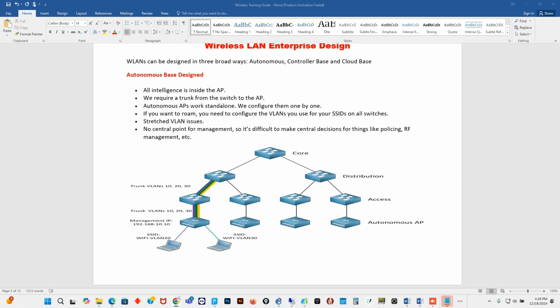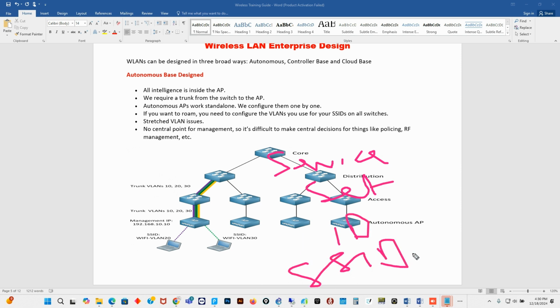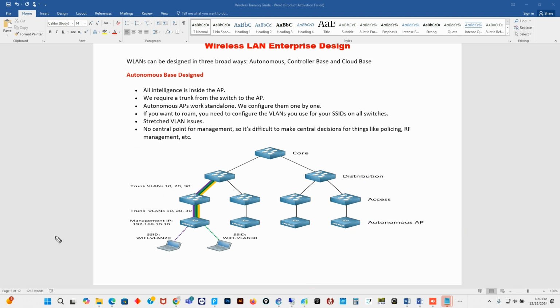SSID simply means service set identifier, which is what we call the Wi-Fi name.